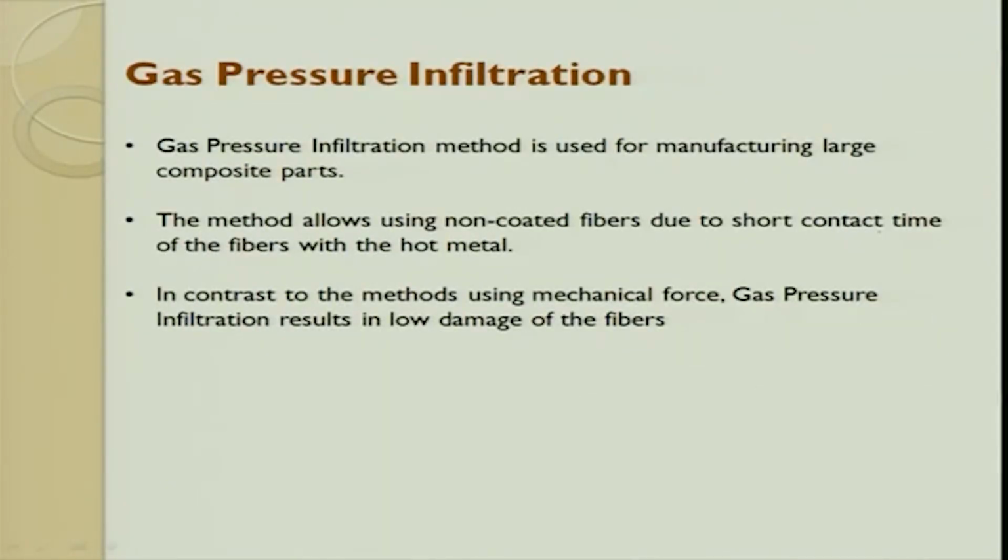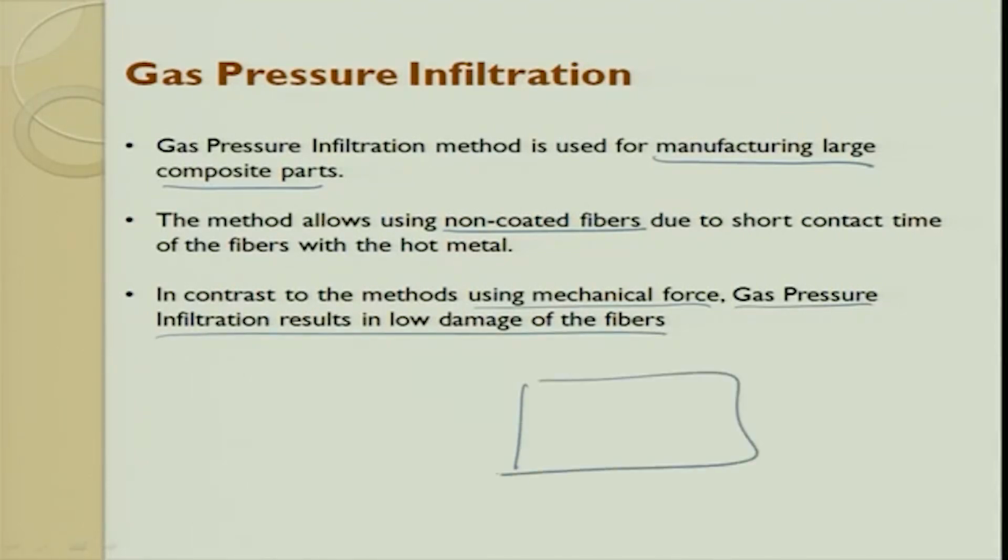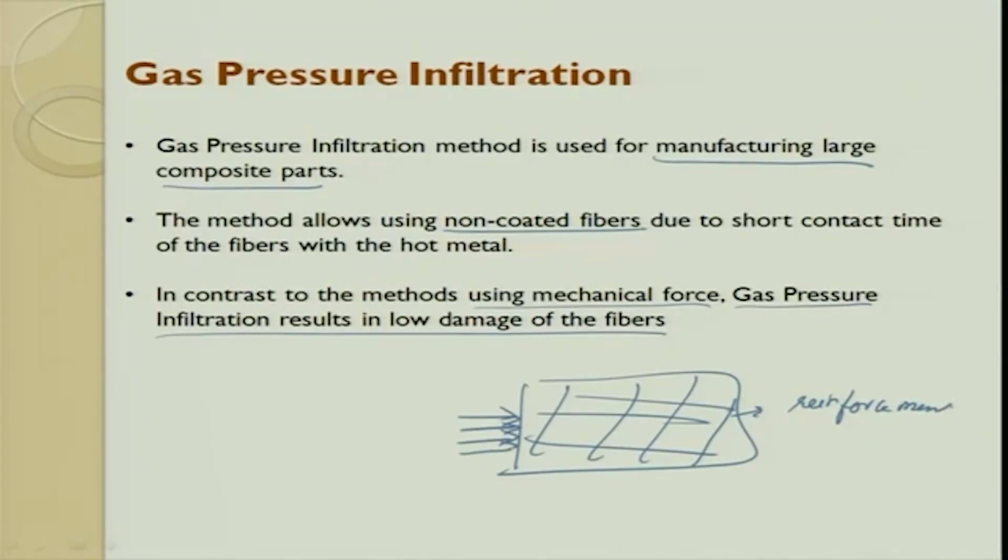Gas pressure infiltration is used for making very large composite parts made out of metal matrix composite. The method allows using non-coated fibers due to the short contact time of the fiber with the hot metal. In contrast to methods using mechanical force, gas pressure infiltration results in lower damage to the preform. Basically, you have a reinforcement preform, and you push molten metal into it with gas.